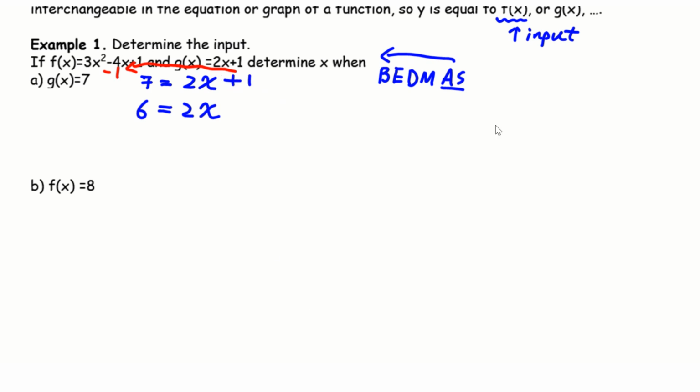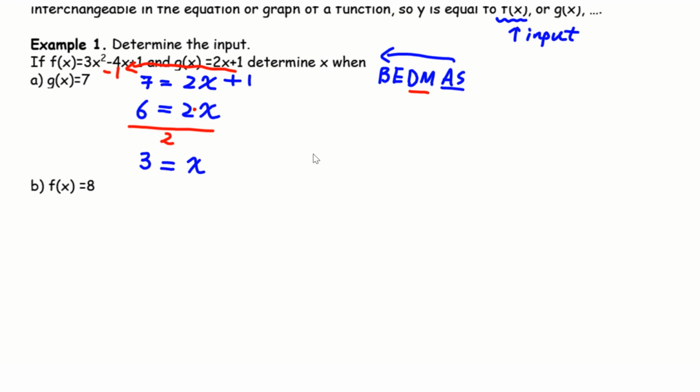Then after that, we do the division and multiplication. So 2x means 2 times x. We want to isolate x. We want to move the 2 to the other side by doing the opposite operation. Multiplication's opposite is division, so we divide both sides by 2. So 2x divided by 2 gives you 1x, and 6 divided by 2 gives you 3.